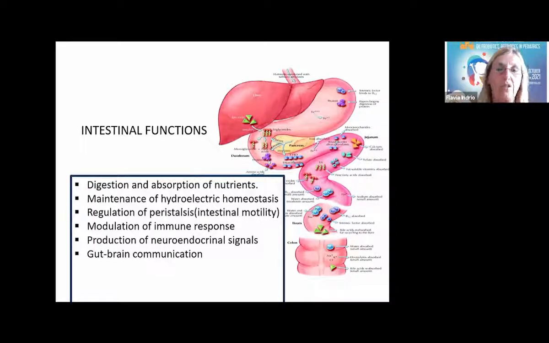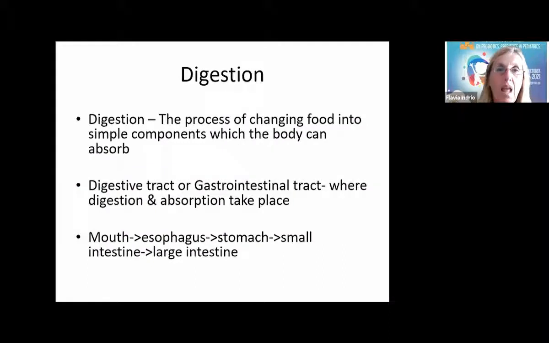So: digestion and absorption of nutrients, maintenance of hydroelectric homeostasis, regulation of peristalsis, which from my point of view is the most important for nutrition, modulation of immune response, production of neuroendocrine signals, and of course the newest, though not so new, gut-brain communication.